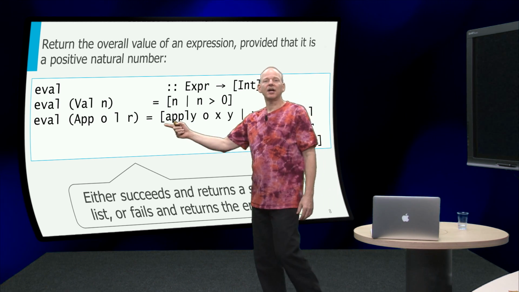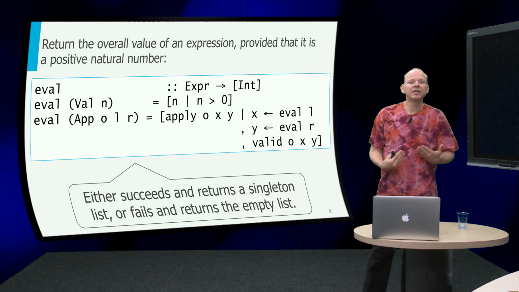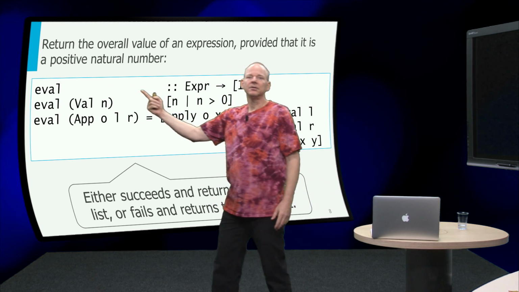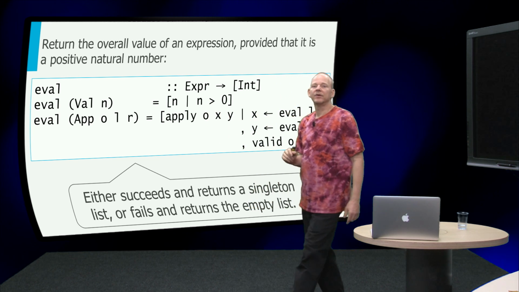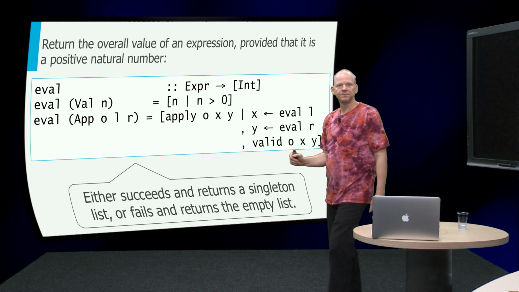Let's see how the evaluation works. Again, it's defined recursively over expressions. We either have a value, in which case it succeeds if the value is greater than 0.